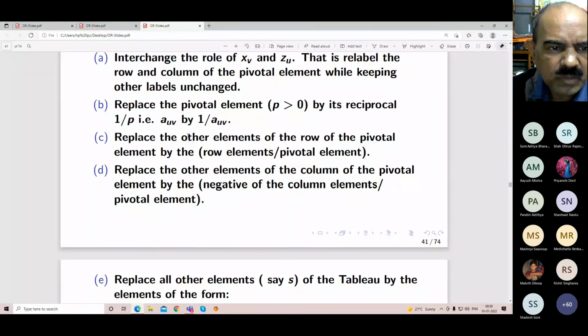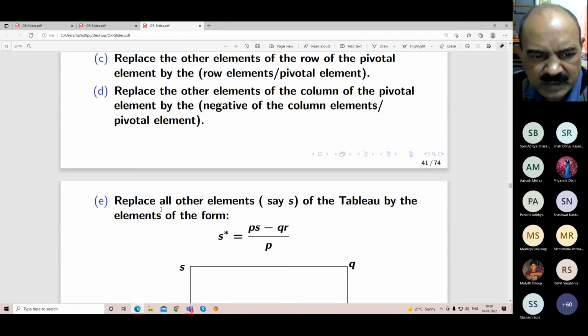C says replace the other elements of the row of the key element by the row element divided by the key element, and replace the other elements of the column by the negative of the column element divided by the key element. And replace all other elements using this formula.